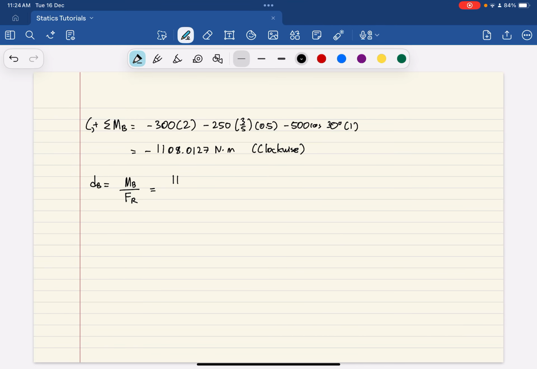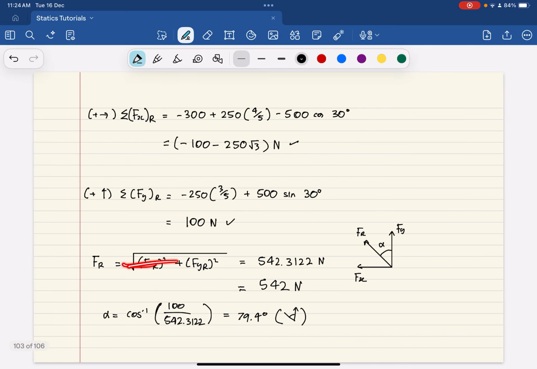So 1108.0127 divided by Fr, which in this case actually has two components also. And this is quite tricky, by the way.